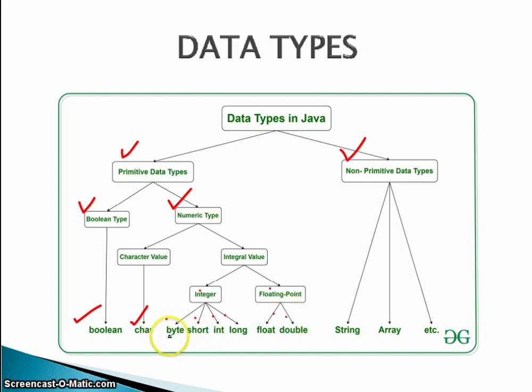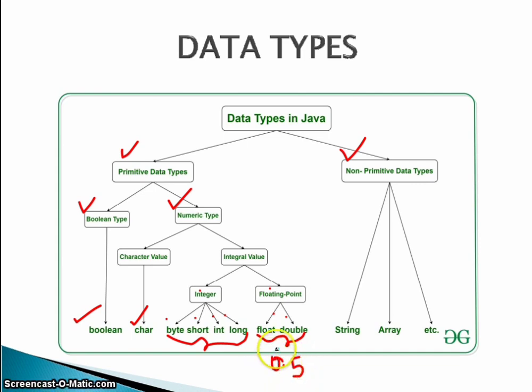Byte, short, int and long are used for storing whole numbers, positive and negative. Float and double are used to store decimal numbers. Suppose I am writing 0.5.